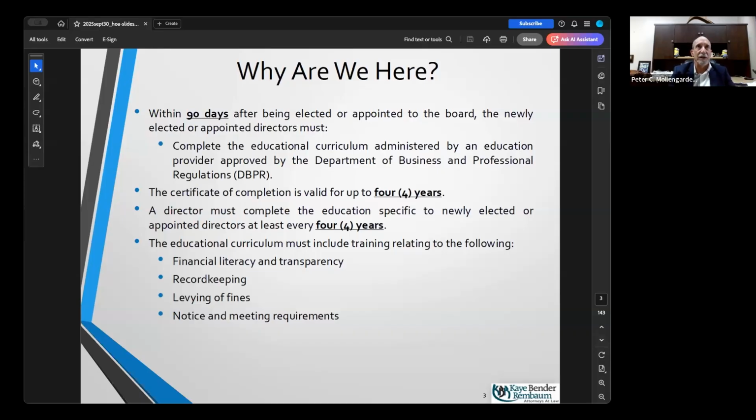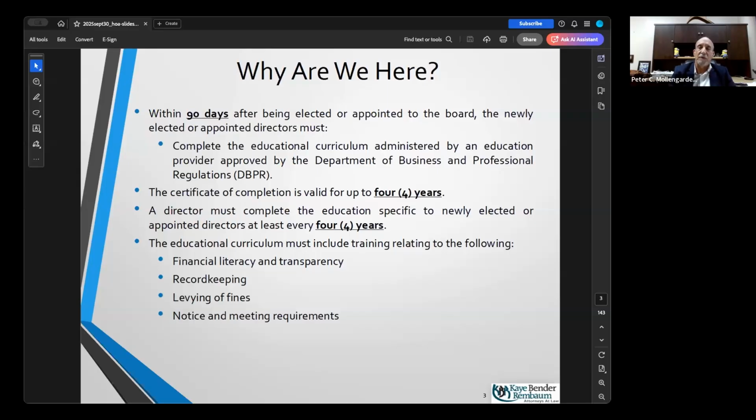Now, this certification that you're going to get today, assuming you hang in there for the whole time, is valid for up to 4 years. You must complete this certification at least every 4 years. So even if you stay on the board unbroken for that 4-year term, you then have to take this course again at that time.